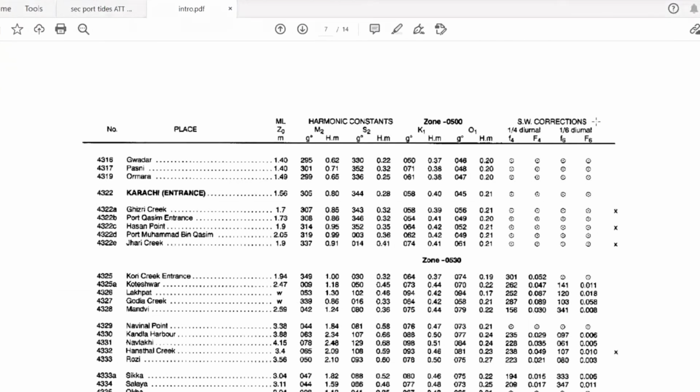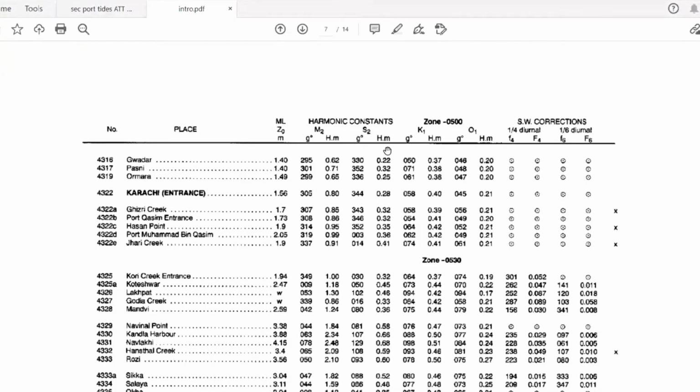Then comes your shallow water corrections, which are quarter diurnal and one-sixth diurnal. Quarter diurnal is given by small f4, capital F4. One-sixth diurnal is given as small f6, capital F6. These are basically the effect of the land masses and shallow waters in that particular region, how they affect the tide. So this is due to the gravitational effect.